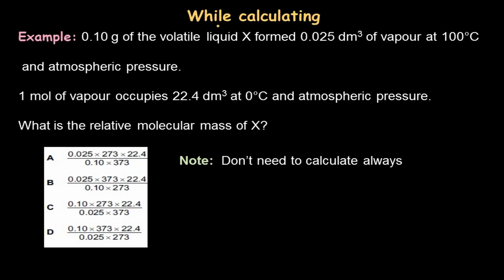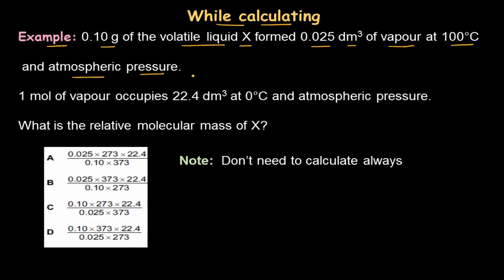Now let's see with an example, while calculating, what tips should be taken care of for MCQs. The example says that 0.1 gram of volatile liquid X formed 0.25 dm cube of vapor at 100 degrees and atmospheric pressure. I'm not pointing out the keywords here because now you know how to find them.